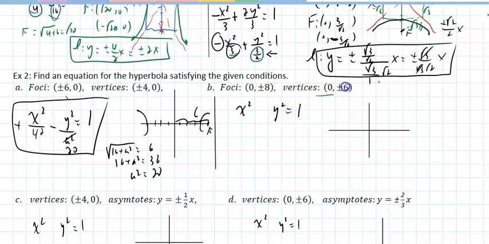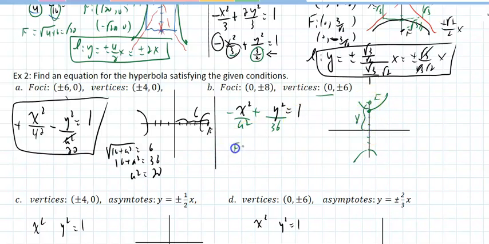Here we have the vertices at 0, 6 and 0, negative 6. So it is negative and positive. 6 squared is 36. This is a squared. The foci are at 0, 8 and 0, negative 8. So that's 8 units.